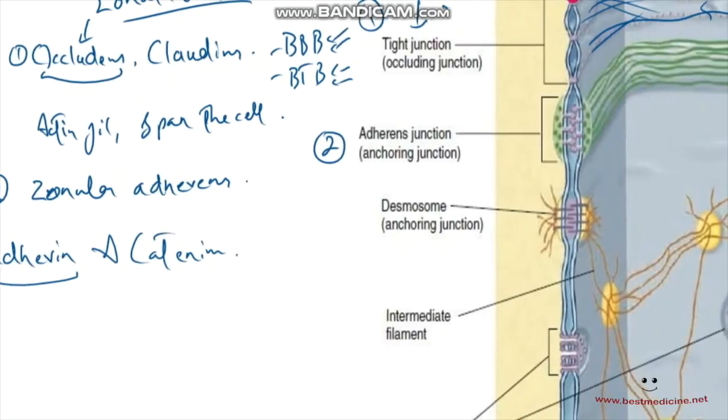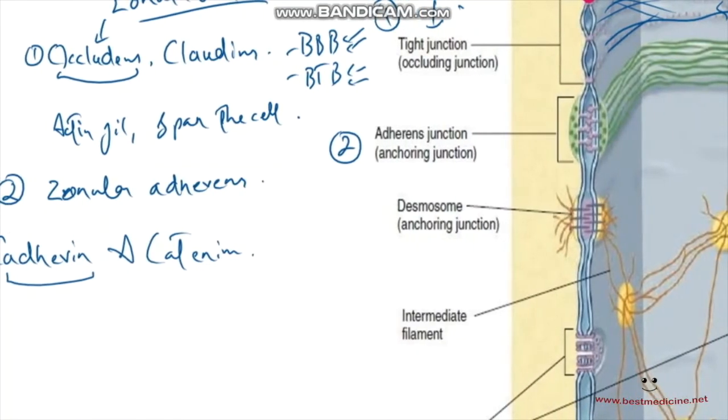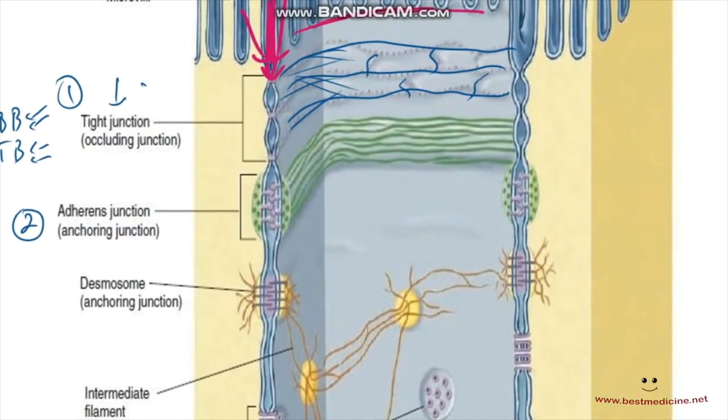I'll explain that to you in just a bit, but before that, let me quickly mention that adherens junctions, which are zonula adherens, made up of cadherin and catenin proteins, also span the cell, right? They span the circumference of the cells. They would be present 360 degrees all around the cell, and they are also connected to actin filaments.